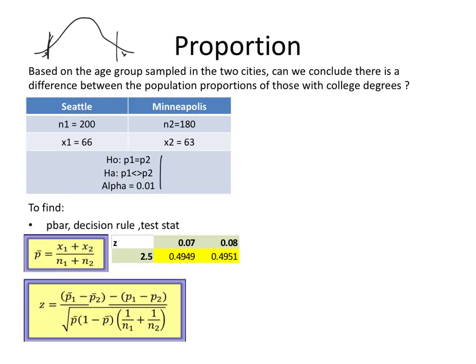So we split our alpha value in half, and we get 0.005 in either end, and that corresponds to the same critical value z of 2.575. So here we would have 2.575 here and negative 2.575 here.